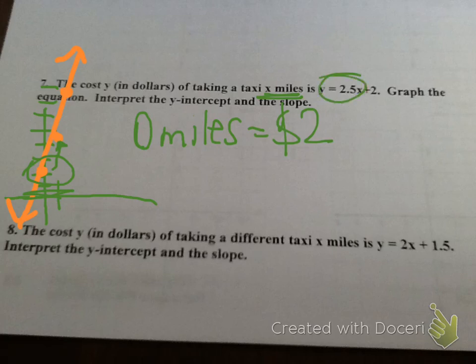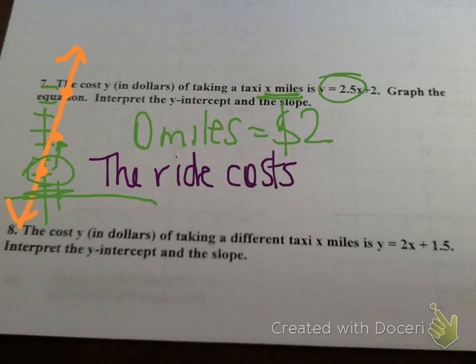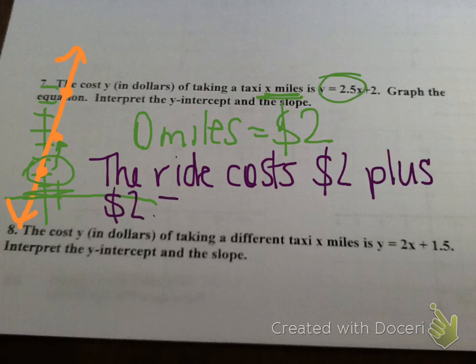So what I would say about all of this is that the ride costs $2 plus $2.50. X is miles, so $2.50 per mile.